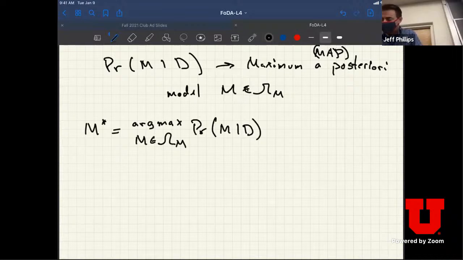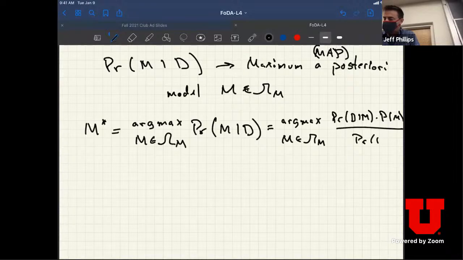And so I can rewrite this using Bayes' rule, as the probability of the model given the data, which equals the probability of the data given the model times the probability of the model, divided by the probability of the data. This is just rewriting with Bayes' rule.